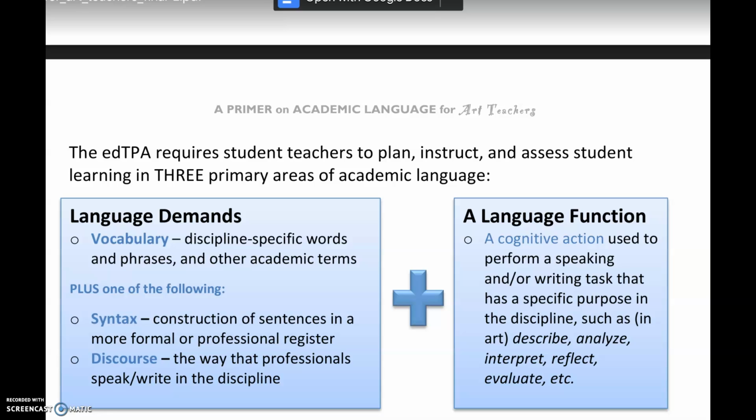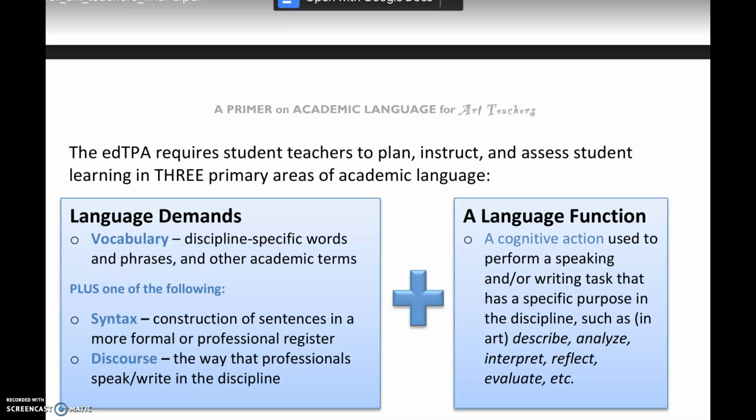The next kind of vocab would be the general academic vocab, which would be the language functions like justify, summarize, things like that. And then the third kind of vocab would be subject-specific words that they're not going to see outside of the discipline, such as bourgeoisie. You're not going to see that word unless you're talking about the French Revolution.